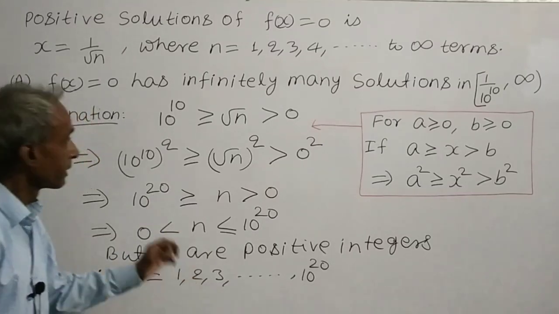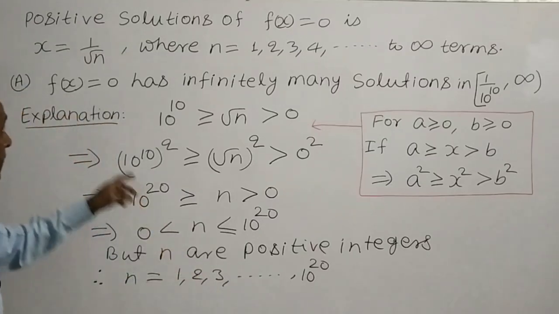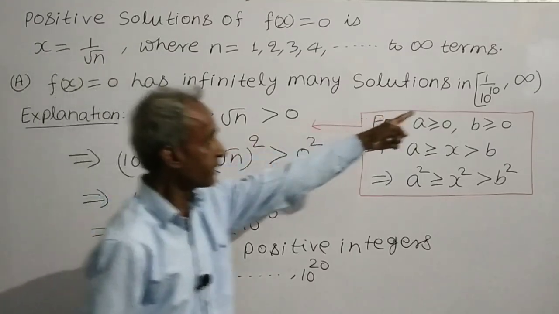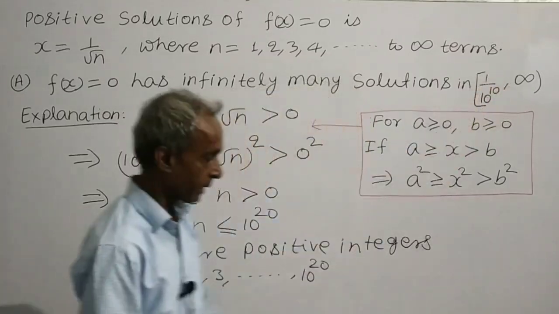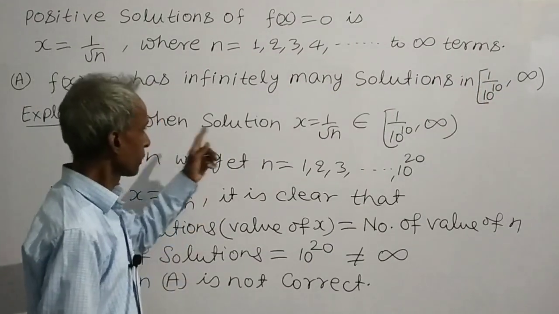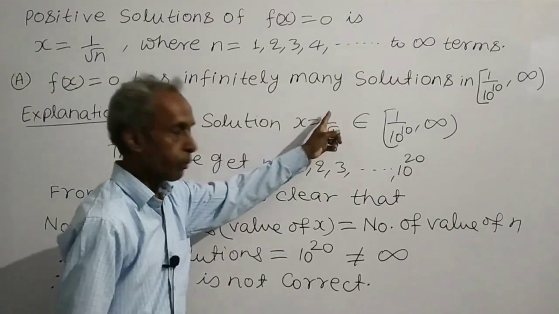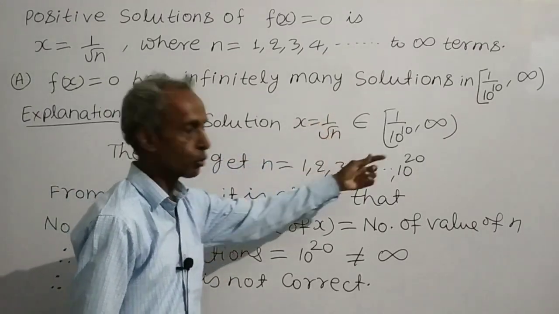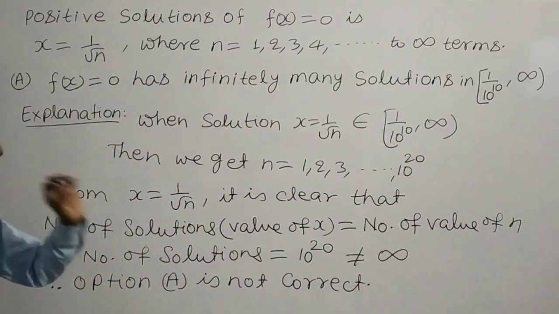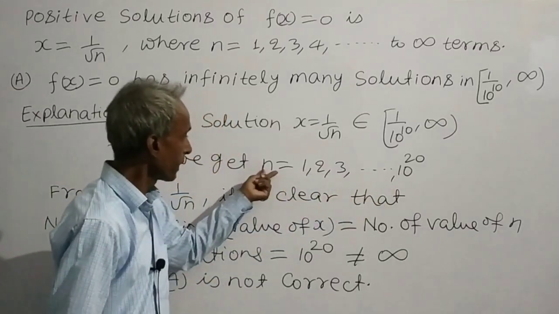This is the value of n when this solution lies in this interval. When the solution x is equal to 1 by root n lies in this interval, then we get this value of n.